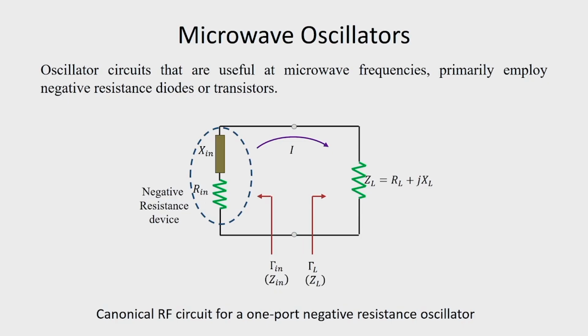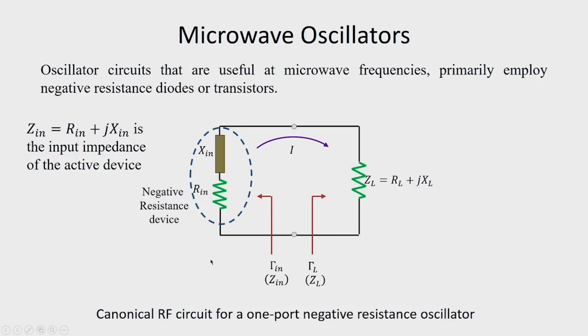Now, as we have already discussed while discussing the devices, negative resistance here implies the generation of RF energy, whereas when the resistance is positive, it dissipates the energy. Now, if you consider this circuit, we find that Zin, which is equal to Rin plus jXin, is the input impedance of the active device.